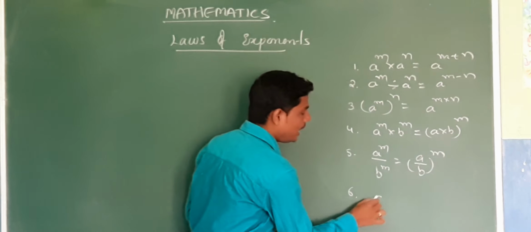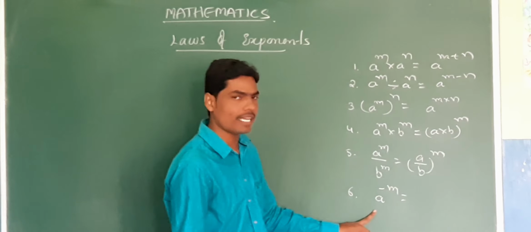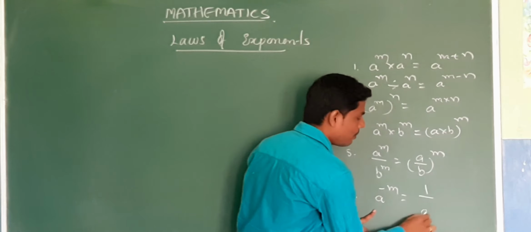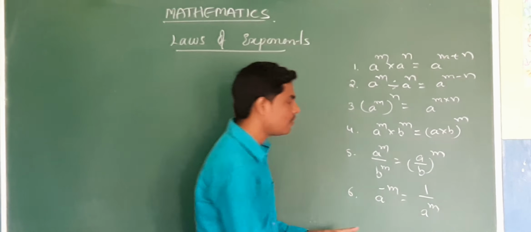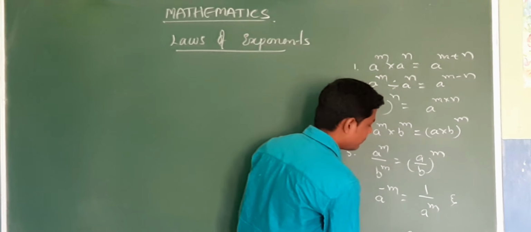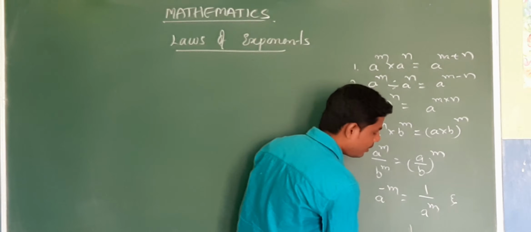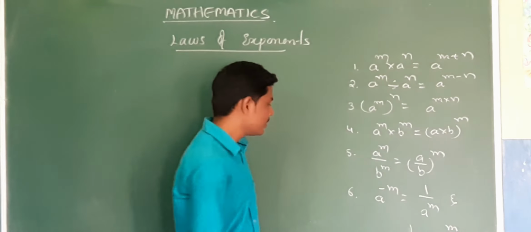Next, a to the power of minus m. This is a negative power for the base. So in that case, it will become 1 by a to the power of m. Vice versa also, we can take 1 by a to the power of minus m is equal to a to the power of m.